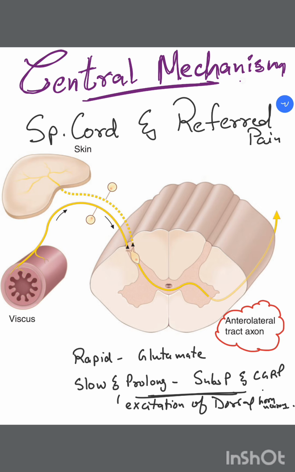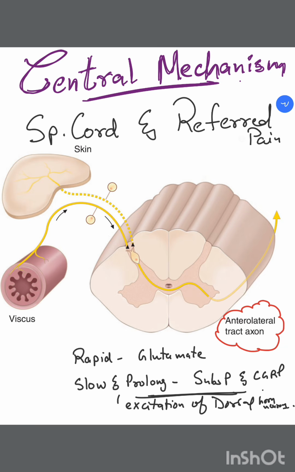And there were dorsal column sensations, which take light touch, vibration, proprioception. But in this context, we are not concerned about this dorsal column pathway. We are concerned about the spinothalamic tracts. So spinothalamic tracts carry the sensation, they cross in the midline, and they go upwards.